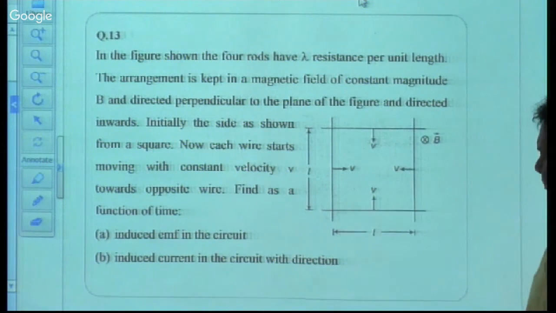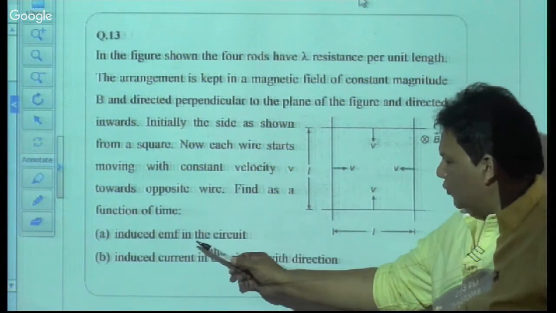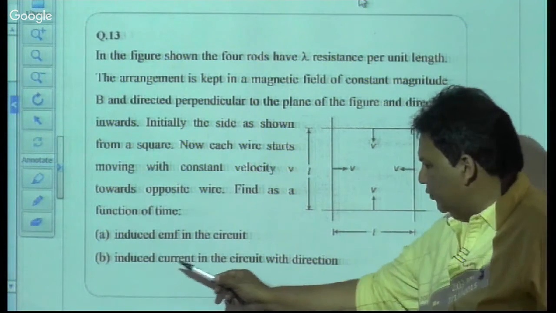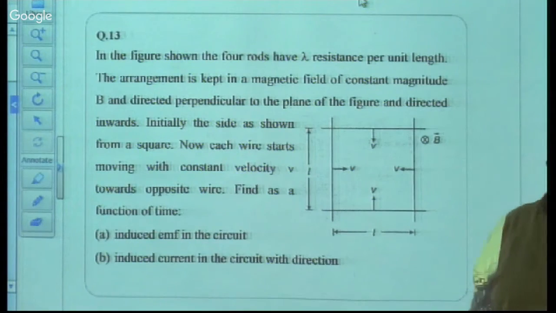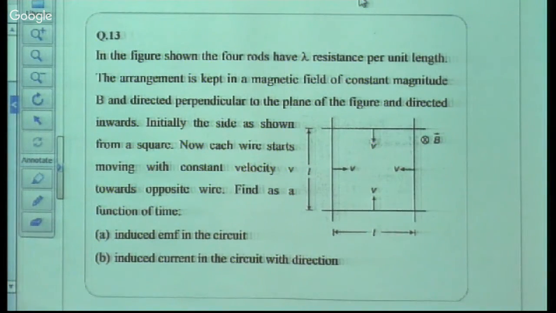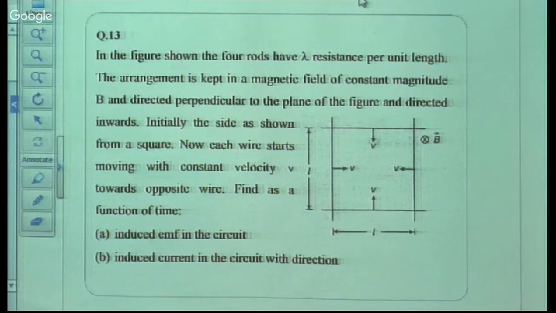You have to find out the induced EMF in the circuit and the induced current in the circuit with its direction. The first thing you have to do in physics is to visualize the situation. पहले आप इसको visualize करो, हो क्या रहा है, करो.